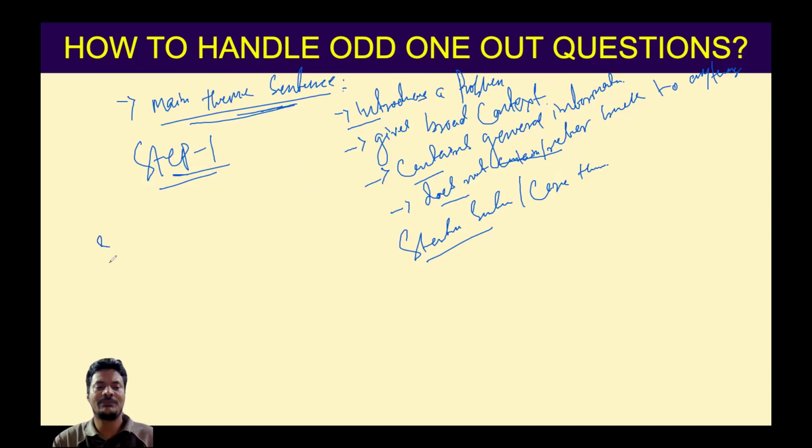Then step two would be what? Step two is to group sentences by meaning, like I pointed out. Understand that: group sentences by meaning.